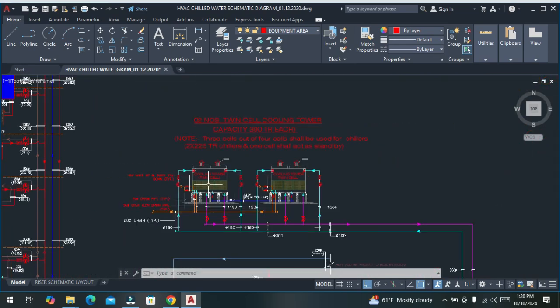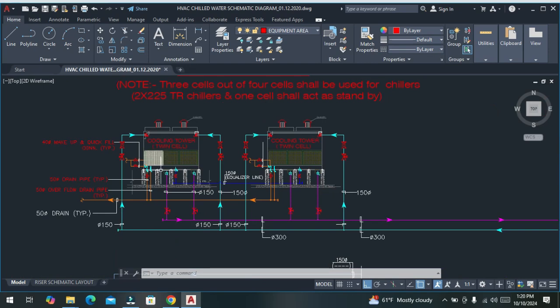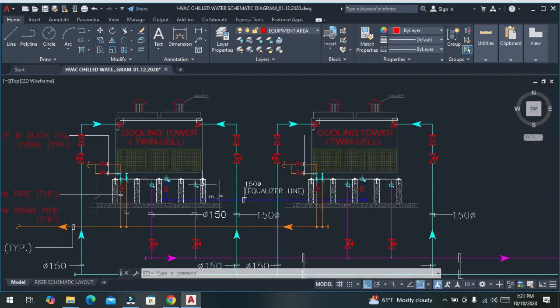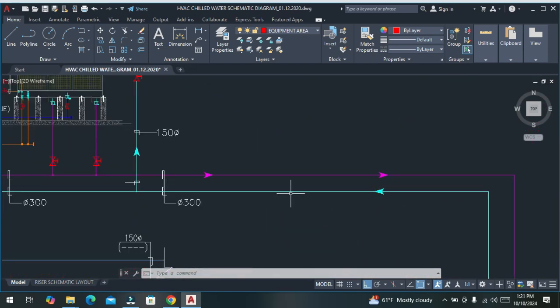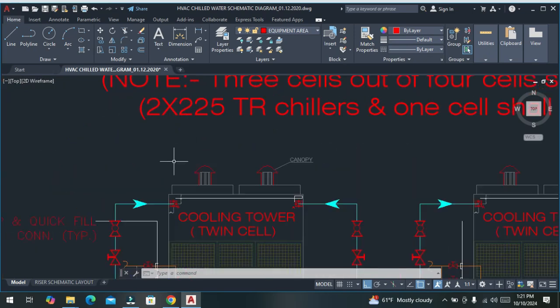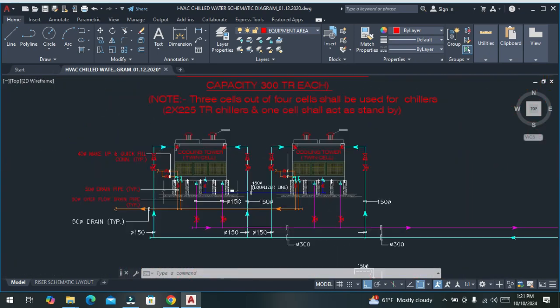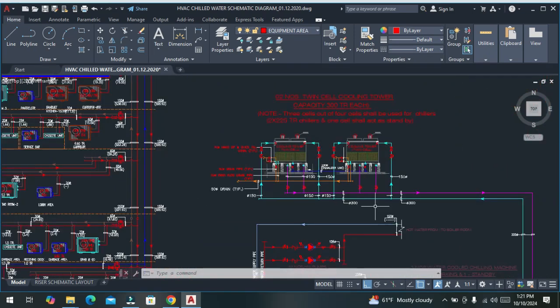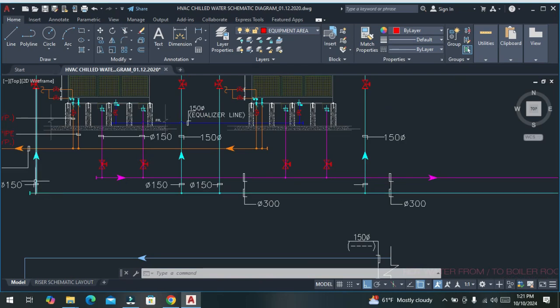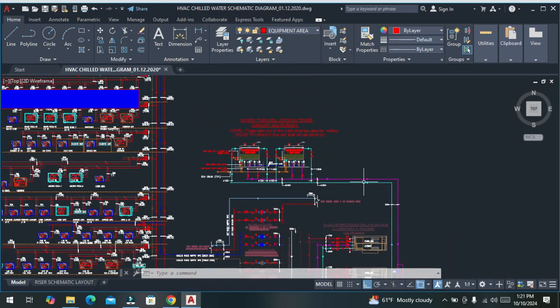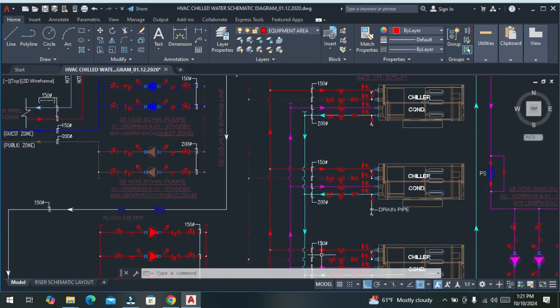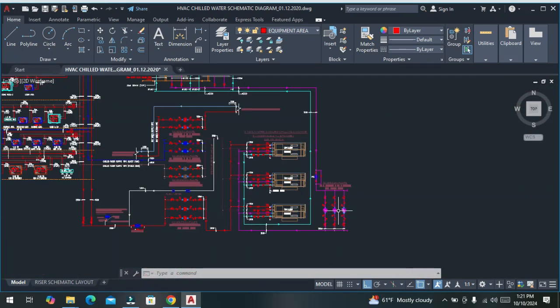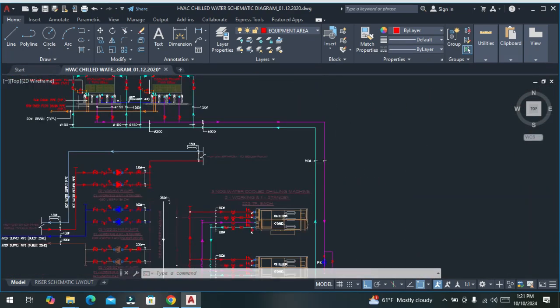Here we have the cooling tower sections, which cool this condenser outlet water. Here we have a header, which collects all the outlets of the chiller condenser water.